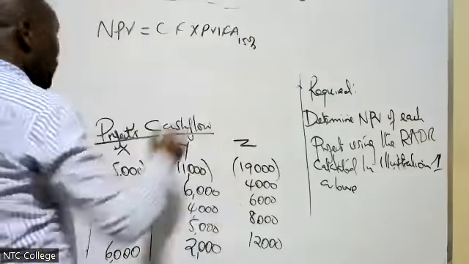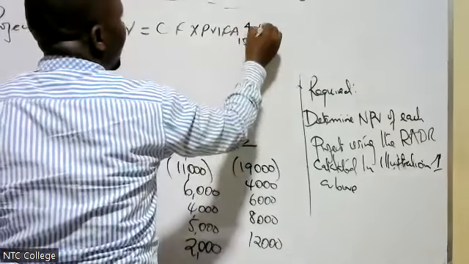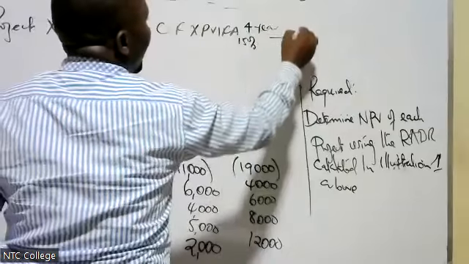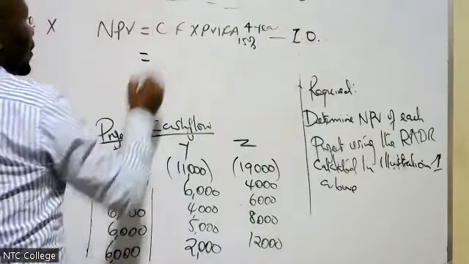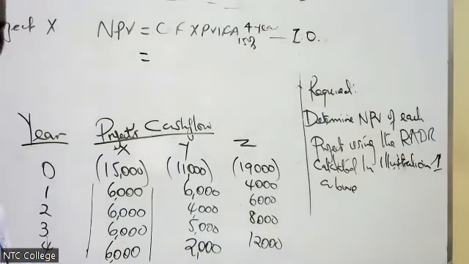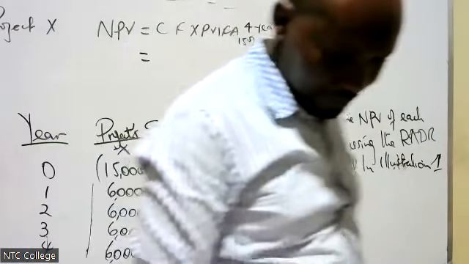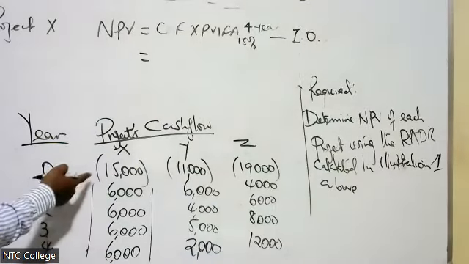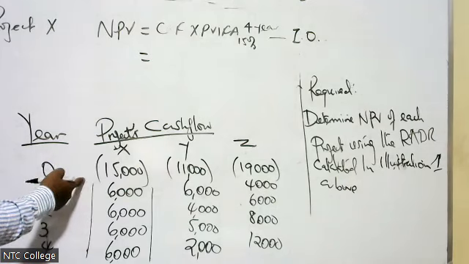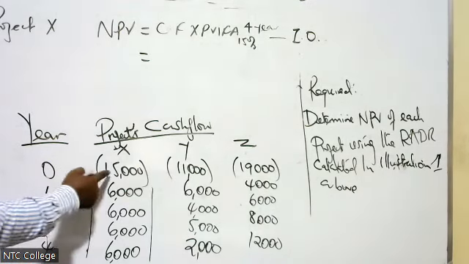How many years? 4 years. Minus IO. You know the IO you are given. The IO is 15,000. This is the IO, the initial outlay, the cost of investment. The one in year zero.